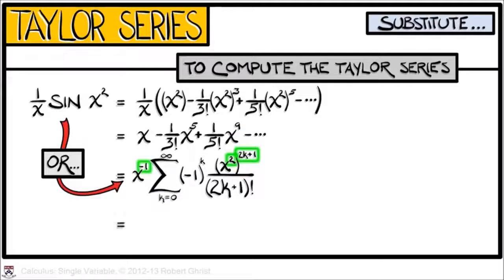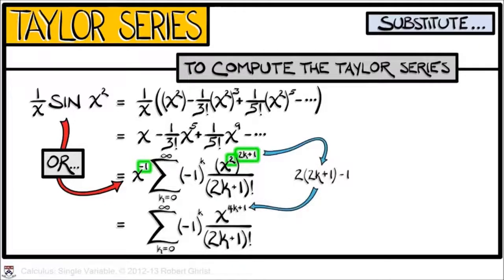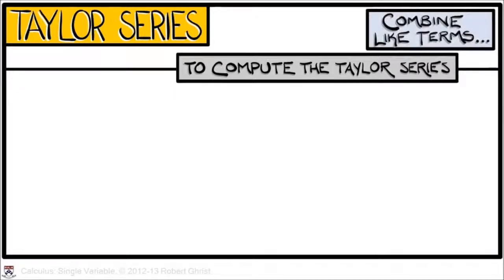By adding up the coefficients of the x term properly, we can, in fact, obtain the full Taylor series for this function as sum k goes from 0 to infinity, negative 1 to the k, x to the 4k plus 1 over quantity 2k plus 1 factorial. That means, in effect, that we have all of the derivatives of this function evaluated at 0 in one simple computation.